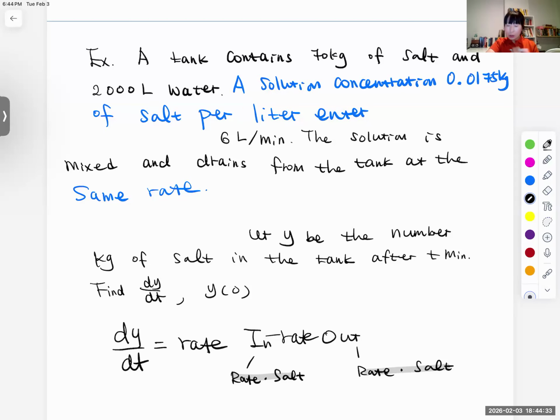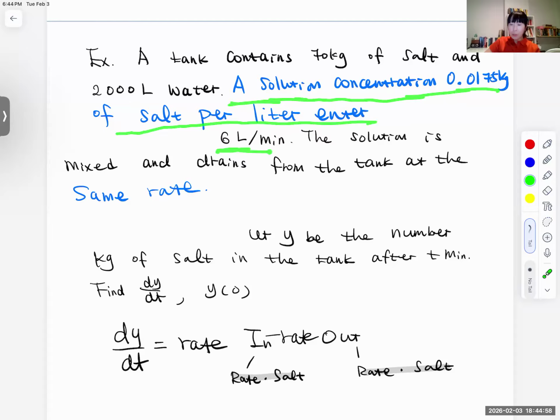Okay, take a look at this question. It is very similar, but a blue sentence is added. Everything is the same. A solution with concentration 0.0175 kilograms of salt per liter enters at 6 liters per minute.